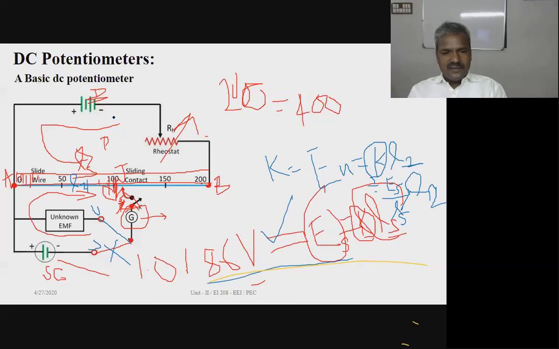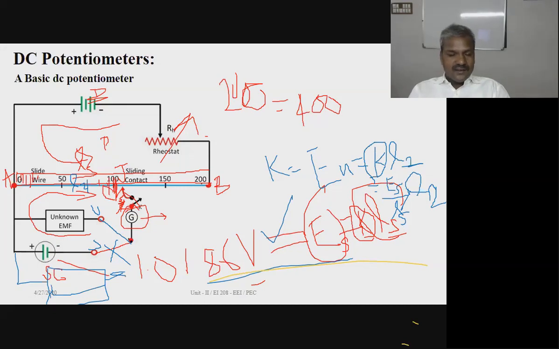So the basic operation is this primary circuitry and secondary circuitry. If you want to measure two unknown EMFs, you can connect one more unknown EMF here. Without a standard cell, we can compare two unknown EMFs.